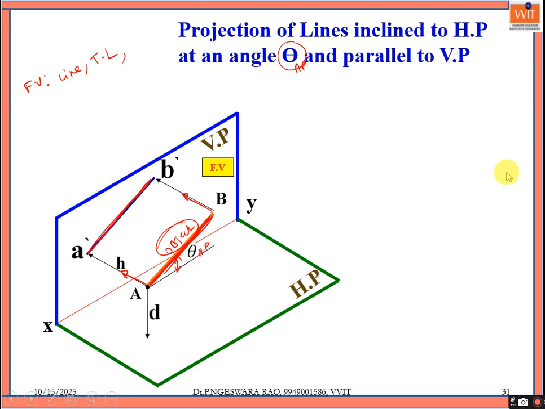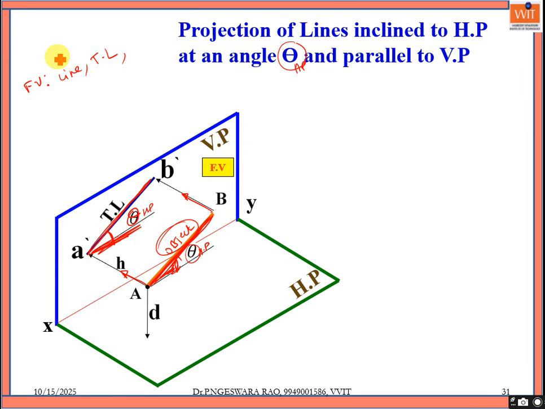Original length, but it is at an angle with the XY line. So what angle will it be? It will be the original angle, because this angle is theta. This line is at an angle theta, so in the image also we get the same angle.